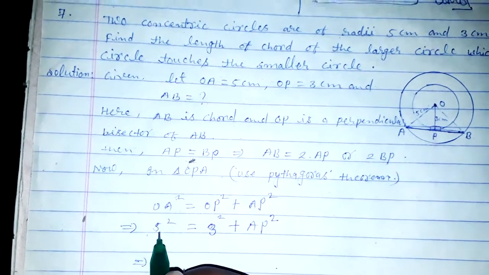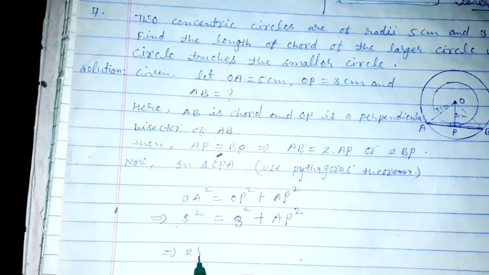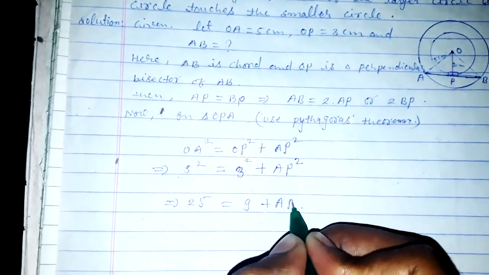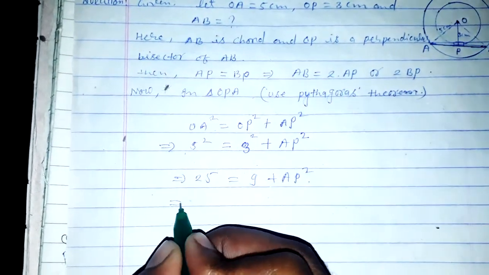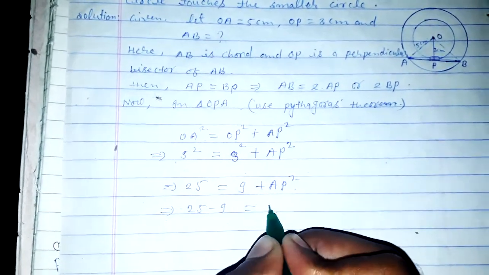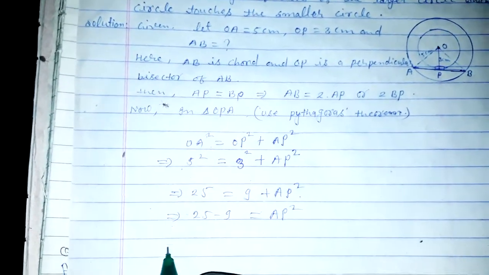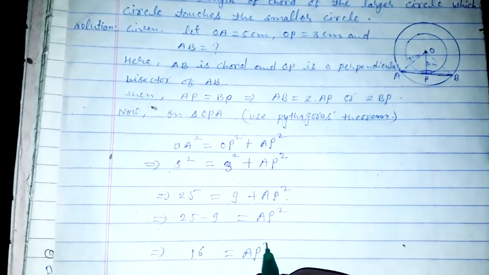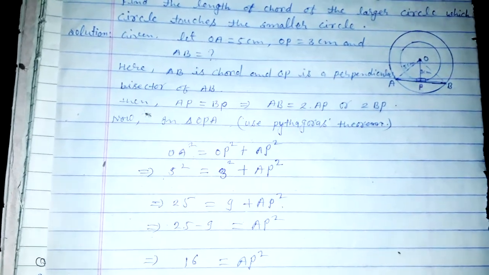What is 5 square? 25. So 25 is 9 plus AP square. That implies 25 minus 9 is equal to AP square, so 16 is equal to AP square.